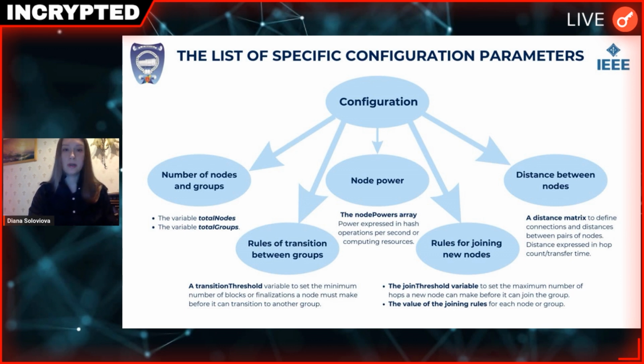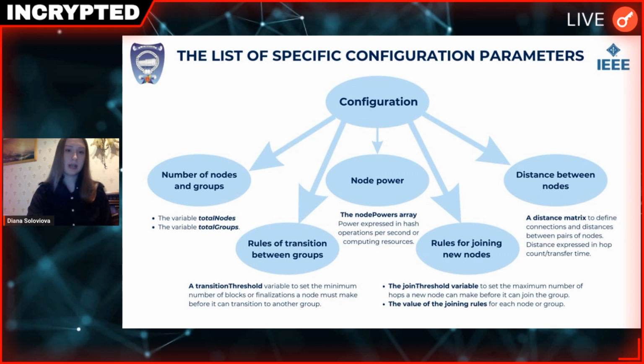Secondly, node power, expressed in hash operations per second or computing resources. Then distance between nodes, a distance metric to define connections and distances between pairs of nodes, expressed in hop count or transfer time.